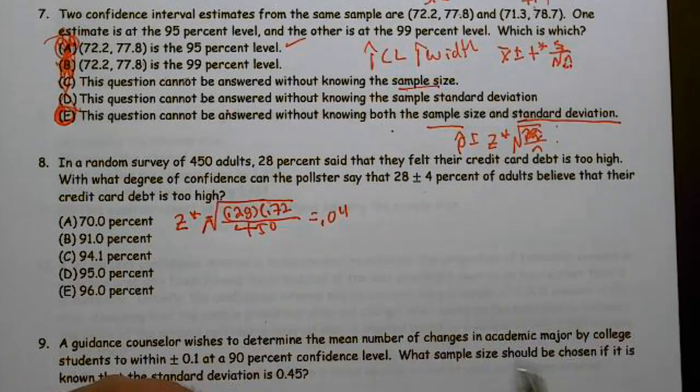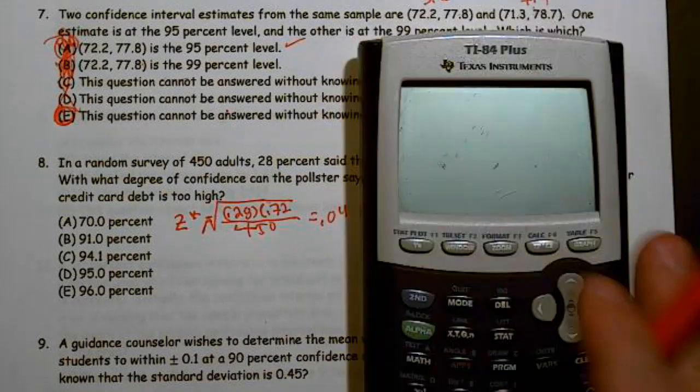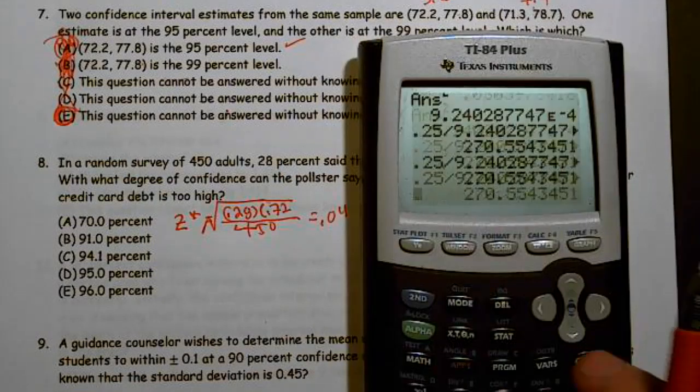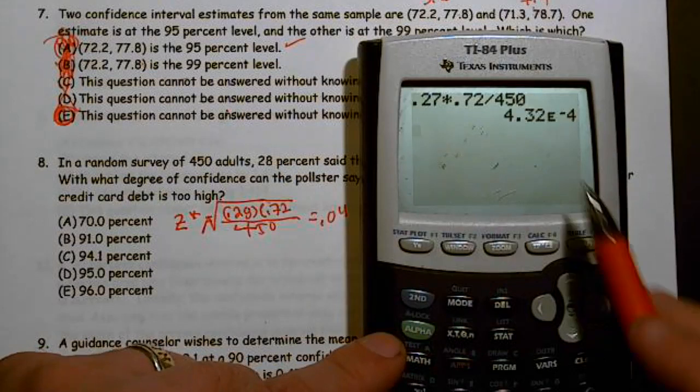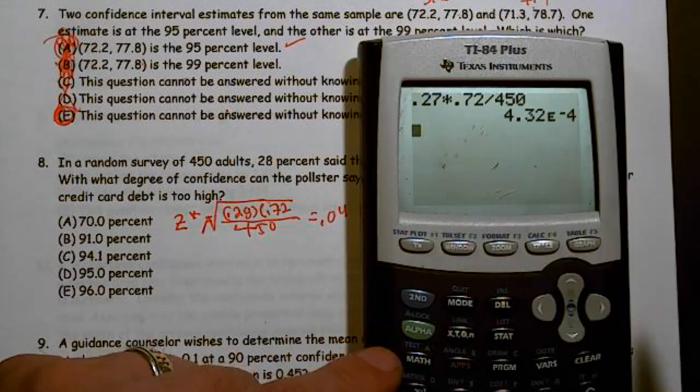0.04. So let's do some work here with some math. So 0.28 times 0.72 divided by 450. I get that value, and I'm taking the square root of it, so I'm going to raise that to the half power.